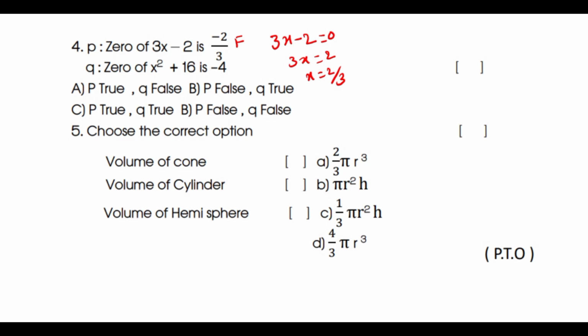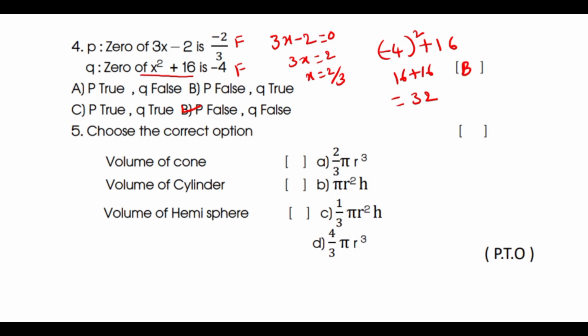We need to substitute minus 4: minus 4 whole square is 16, plus 16 is 32, but not equal to 0. So this one is also a false statement. So the right answer is P false, Q false, option B.